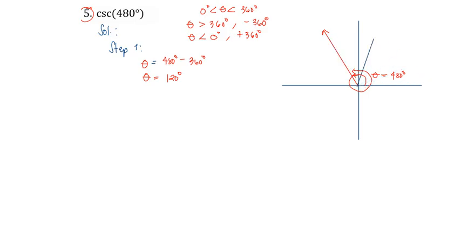So if yung 480 mo would rotate up until here, isang ikot at sobra ng 120 there, our coterminal angle have the same also terminal side with our original angle. As you can see, this rotation right here is actually equal to 120 degrees, where both of them have the same terminal side.